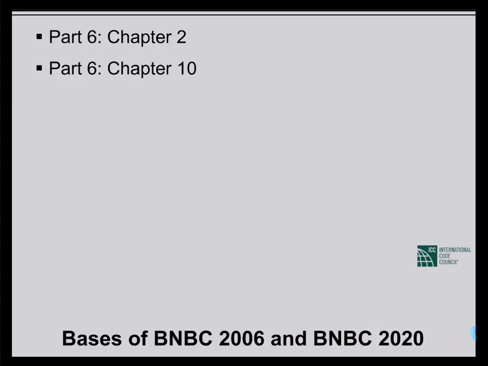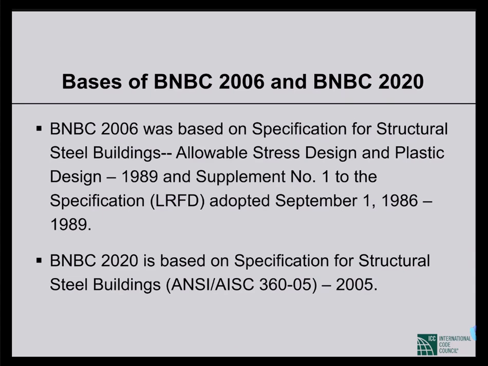As I've mentioned, in BNBC 2006, steel structure design was in chapter 10 of part 6, but at that time the chapter was based on the AISC Specification for Structural Steel Buildings, Allowable Stress Design and Plastic Design, 1989, and Supplement Number 1 to the specification, which was the LRFD part of the design manual.